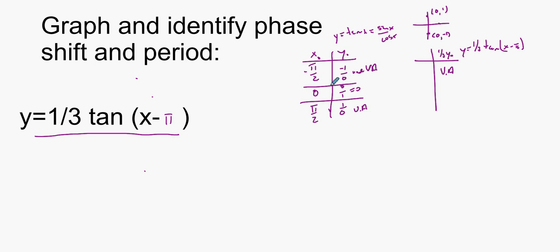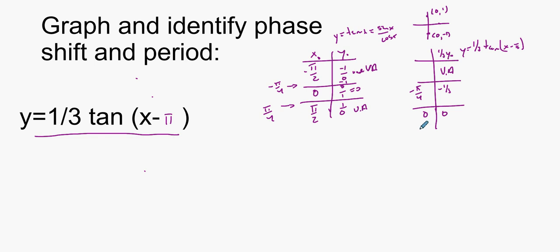For other values, if you wanted to throw in negative pi over 4, the tangent of negative pi over 4 is going to be negative 1, so that would turn into negative 1/3. Another one is 0, which is going to be 0.